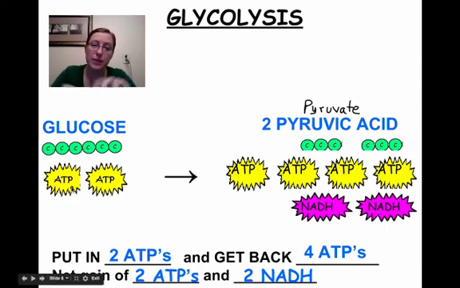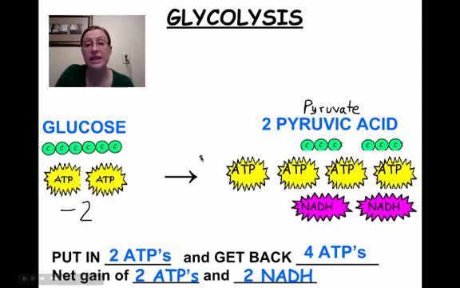But in order to do that breaking, remember we talked about the breaking of bonds and the reforming of bonds. There's going to be an energy investment. So ATP is readily available within our cells, so we're going to spend 2 ATP, right? So it's sort of like we subtract 2 from our overall total. But during this process, when we reform those bonds, what happens?